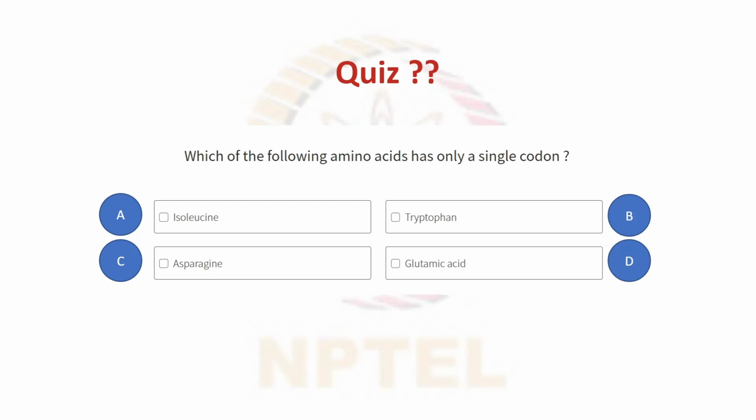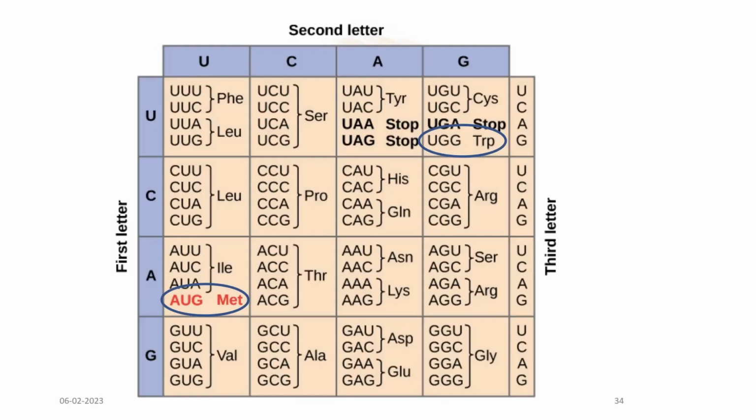For this, you can refer to your codon table, which is available online. Tryptophan is coded by only one codon, and the other one is methionine, which is a start codon.